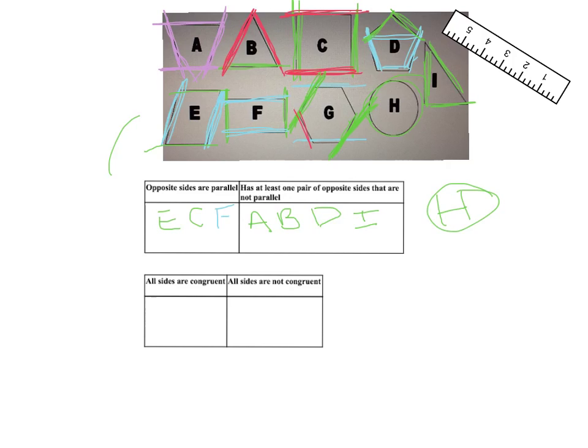That would be here, and the opposite side is the one straight across from it, right across here. So we have this side and this side, which are also parallel. So all the opposite sides for G are parallel. That would go in that category. And we're done. Now, let's go see if all sides are congruent or all sides not congruent.